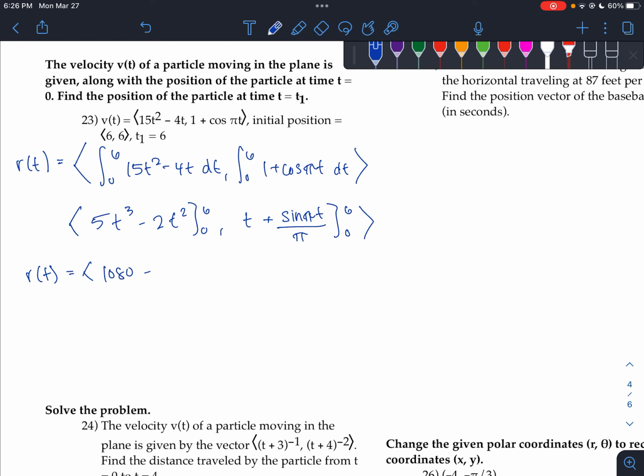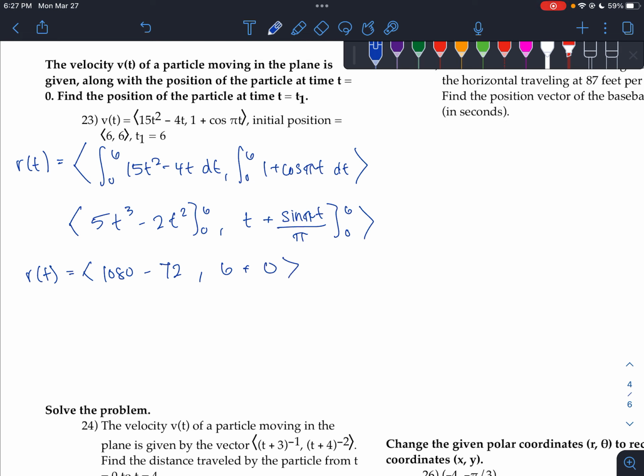Minus, then you're going to plug in 6 there. So 36 times 2 is going to be 72. So minus 72. And then you're going to have 6 plus sine of 6 pi. Well, sine of multiples of pi is going to be 0.